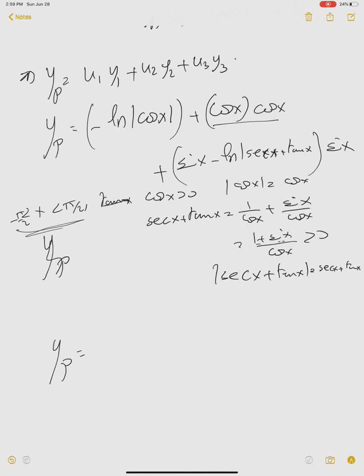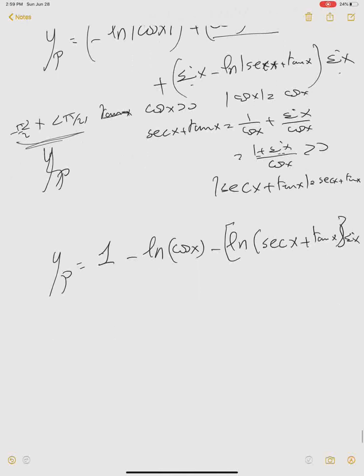Notice here I have cosine square, here I have sine square. So I will have 1 minus log cosine x minus log secant x plus tangent x, and this whole thing times sine x.